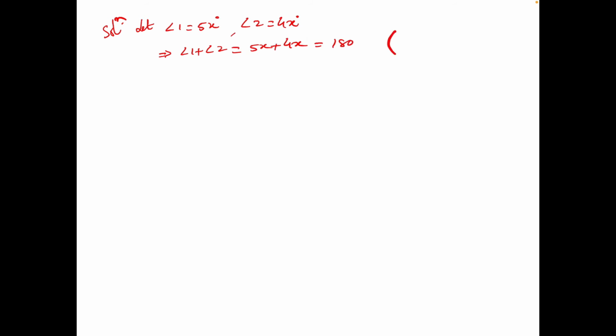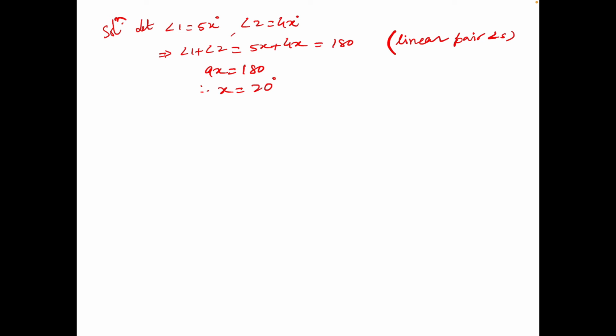Now you have to give the reason why it is so. They are linear pair angles, right? So I can say that now 9x is equal to 180, therefore x is equal to 20 degrees.